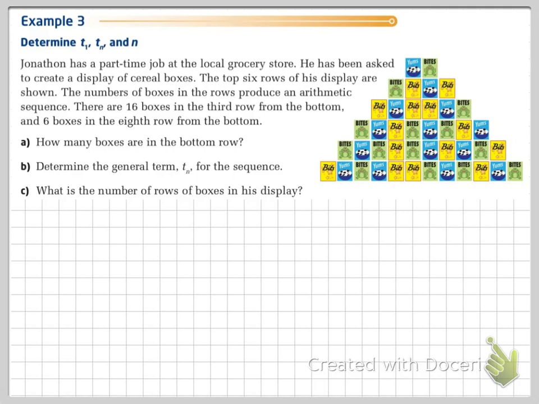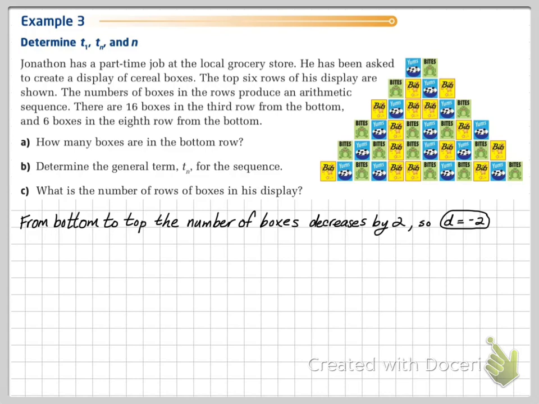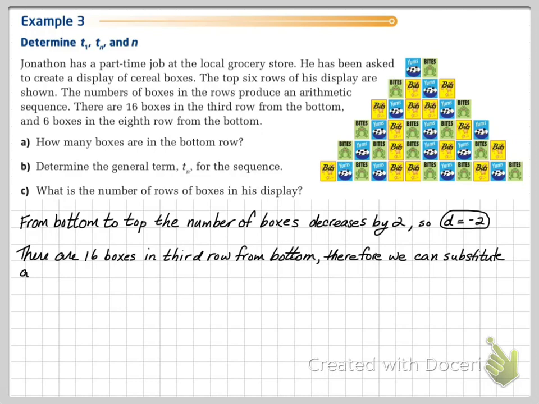Determine the general term, Tn, for the sequence, and what is the number of rows of boxes in his display? Well, from the bottom to the top, the number of boxes decreases by 2 each row. So we know that d is going to be negative 2 because it decreases by 2 as we go up. There are 16 boxes in the 3rd row from the bottom. Therefore, we can substitute all this information into our general formula.